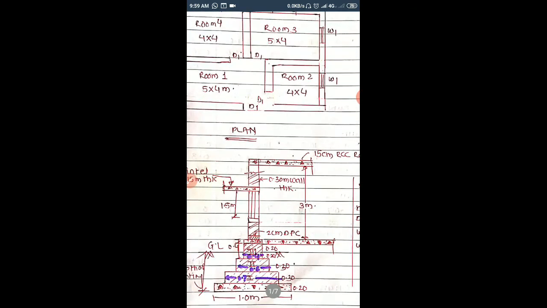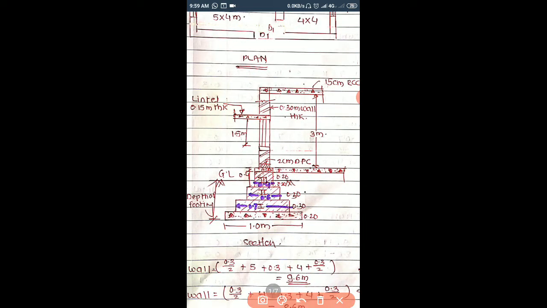Then we will calculate the long wall. Now just see in the section what the width of this damp proofing course is. The damp proofing course is exactly below the wall, in between these floors. So we will take the width of the damp proofing course as 0.3.